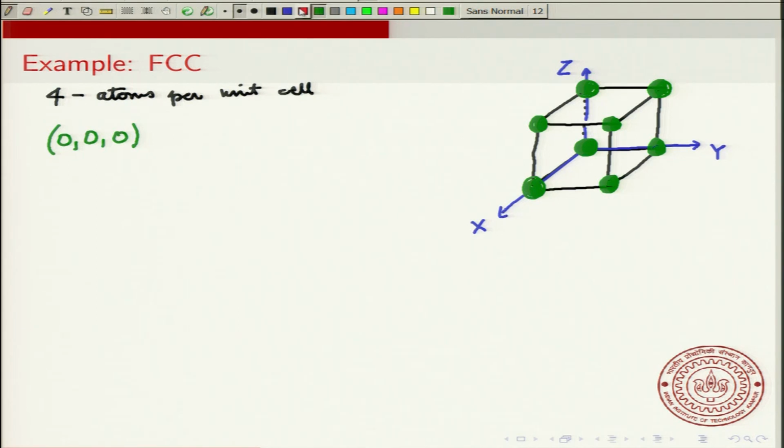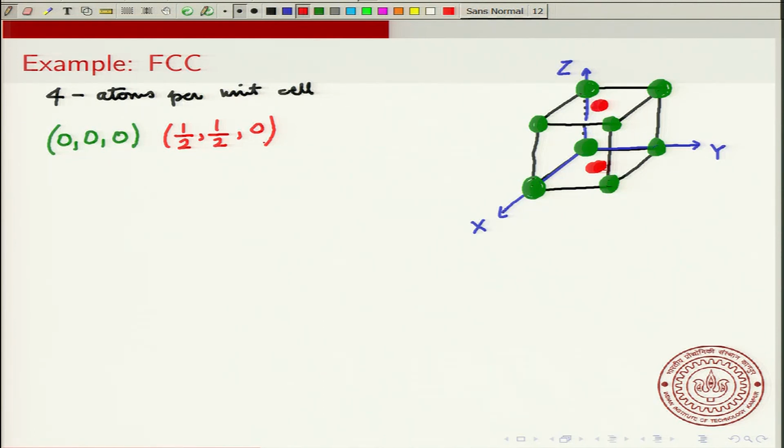The next atom I will use a different color, which I will take right at this face center. And this through lattice translation will generate another atom here. And the coordinates of this atom are: the x fractional coordinate is half, the y fractional coordinate is half, the z fractional coordinate is 0.